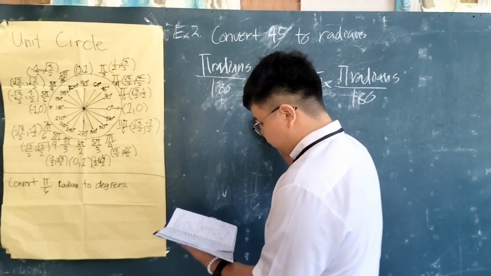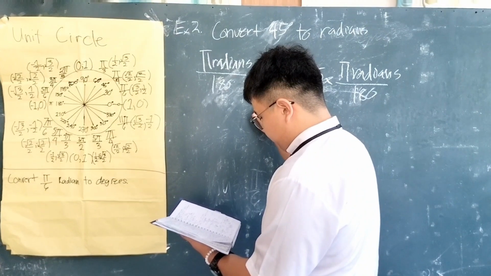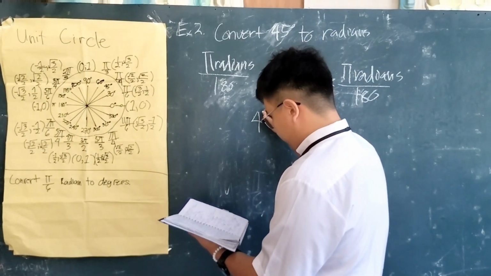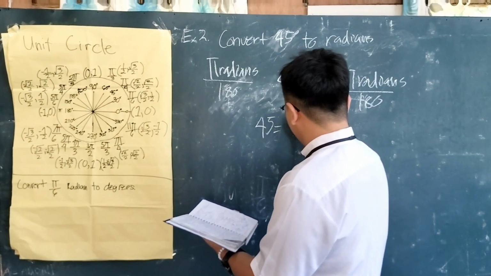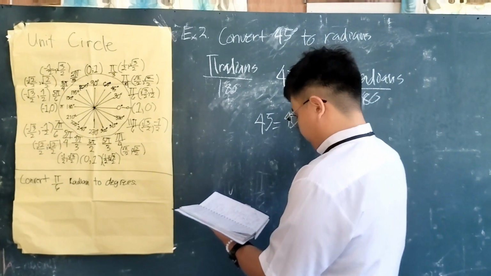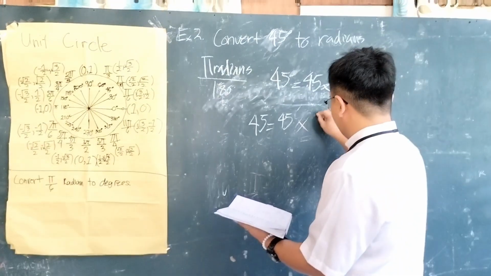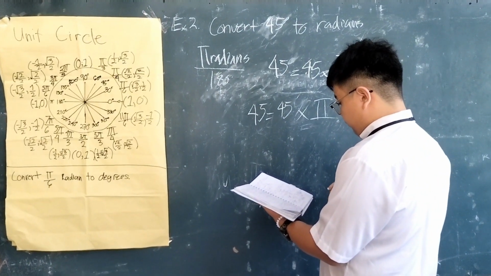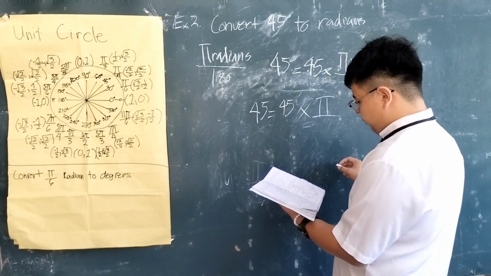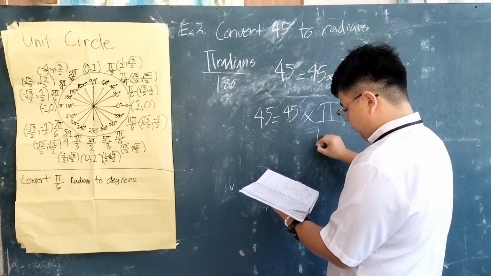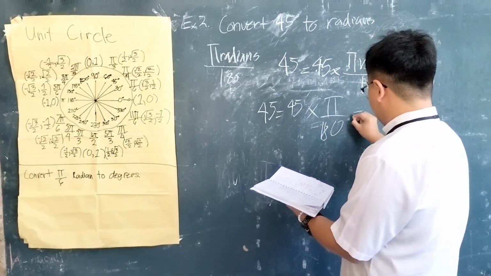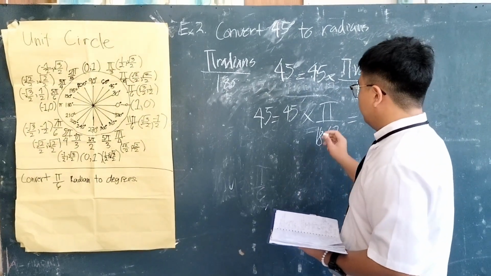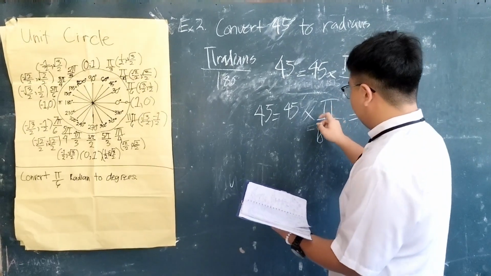Step 2: by multiplying pi, cross multiply.